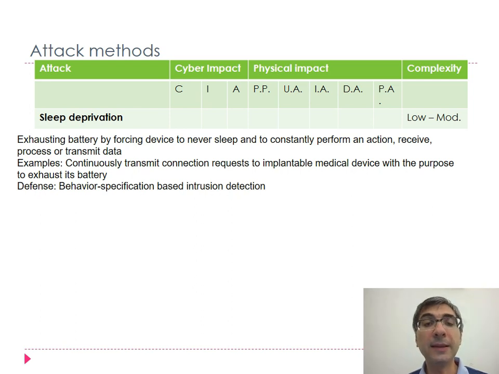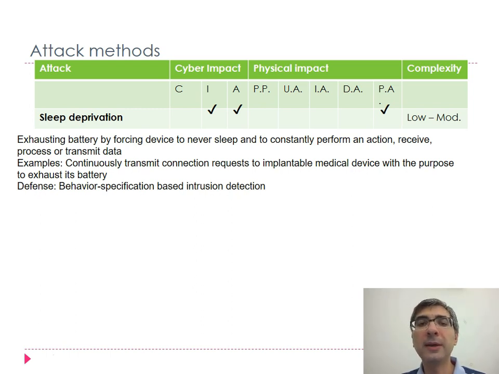And a defense that I've seen in the academic literature working well is using behavior specification based intrusion detection systems, where it is the specification of the system that is not met. By monitoring that the implantable medical device does indeed operate as often as is expected.